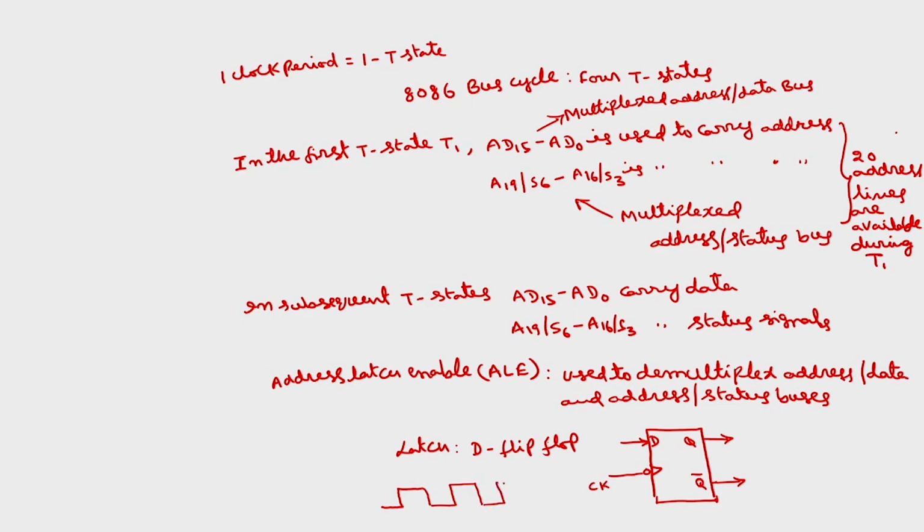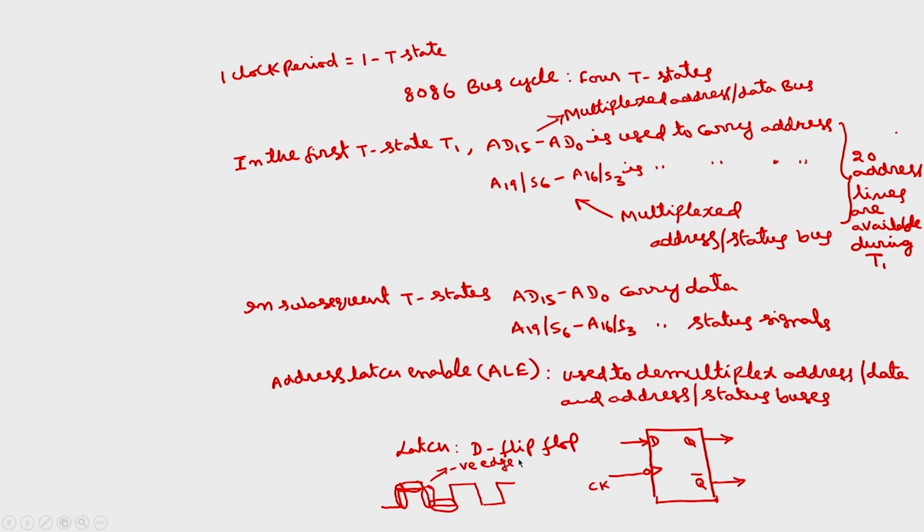This is the ideal clock: one positive edge, positive level, negative edge, negative level. This particular flip flop will be enabled during the negative edge.